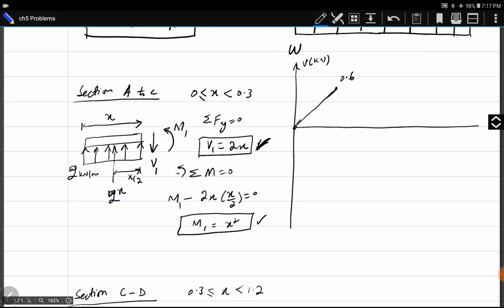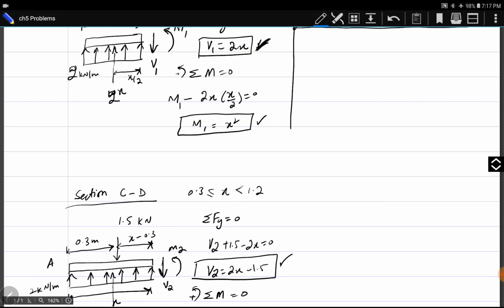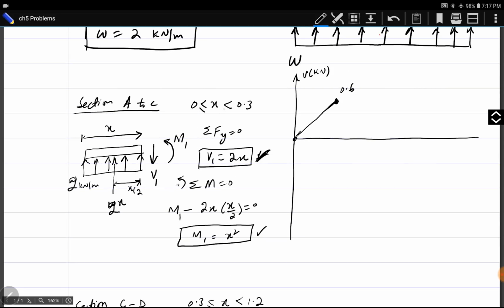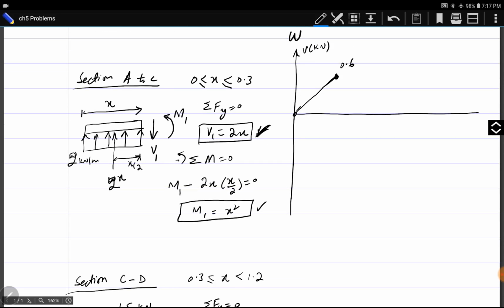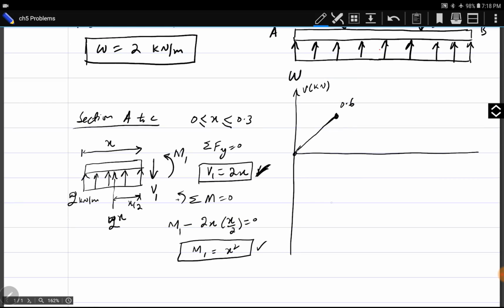Previously at x equal to 0.3, V was 0.6, because 0.3 is common in section AC and in section CD.